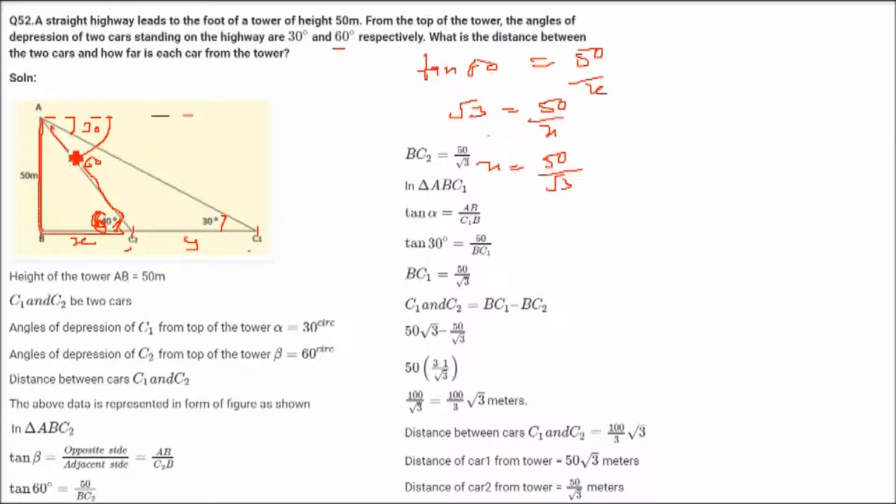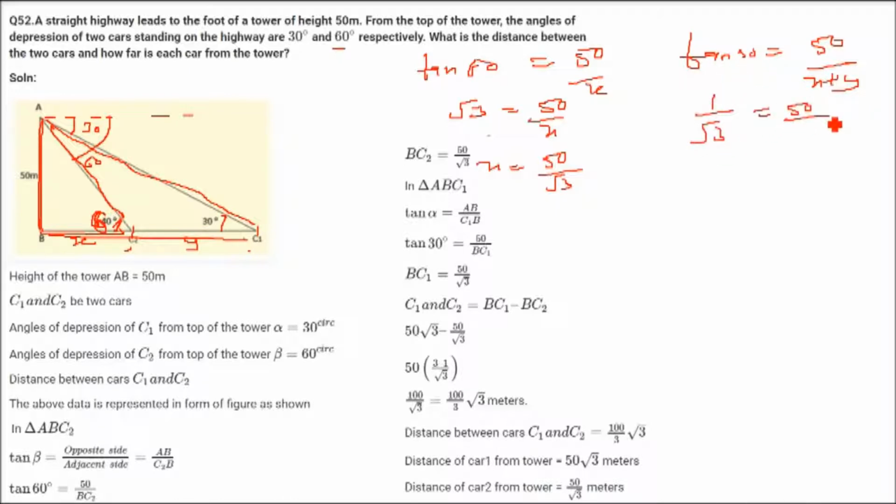Now let us go to the bigger triangle with 30 degree angle. So now tan 30 will be equal to perpendicular by base, so 50 by x plus y. Tan 30 is 1 by root 3, it is 50 by x plus y. So x plus y equal to 50 root 3.